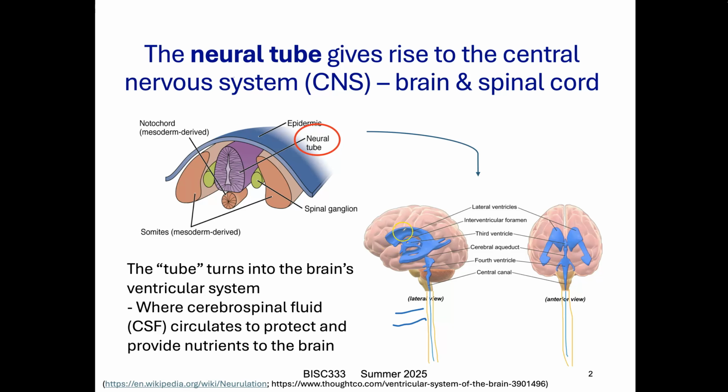But just note that there's a series of ventricles shown in blue here, and these are spaces in which cerebrospinal fluid is present and circulates. There is a little bit in the neural tube as well, but most of it is in this region, and it's part of protection of the brain, but also nutrition. It's delivering nutrients and so on.